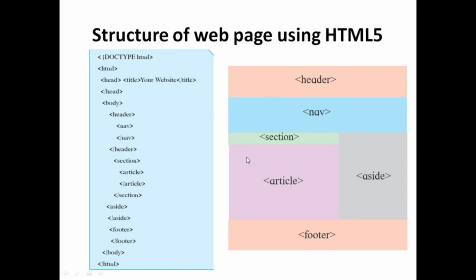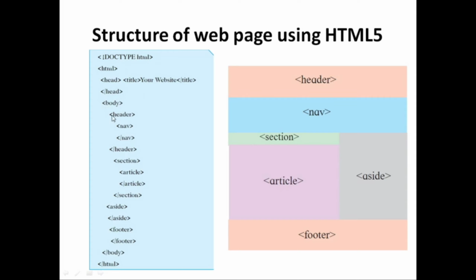As you can see here, the basic structure is the same. You have the initial doctype HTML, which gives you the flavor of HTML. Then you have the opening of the HTML tag with the closing of the HTML tag. Then you have the usual head, title, close the title and close the head tag. So everything remains the same.